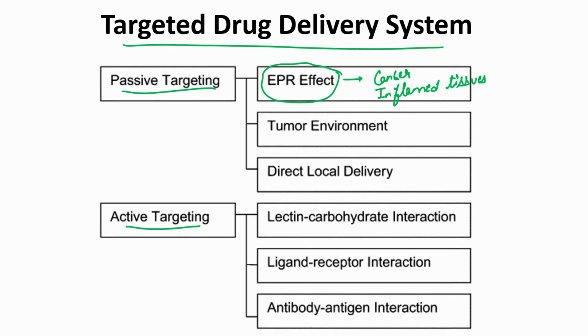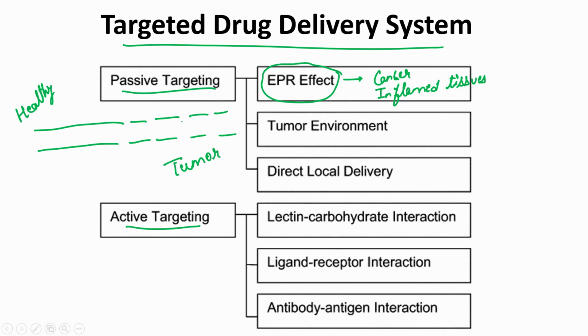And the major rationale behind that was that the blood vessels that are present in this inflamed or cancerous tissue are much leakier than the healthy tissue. So, let us say if this is a healthy tissue and this is a tumor, then in these regions the blood vessels are leaky just because either they are immature or there is a lot of inflammation that is causing this drop in the vascular network.